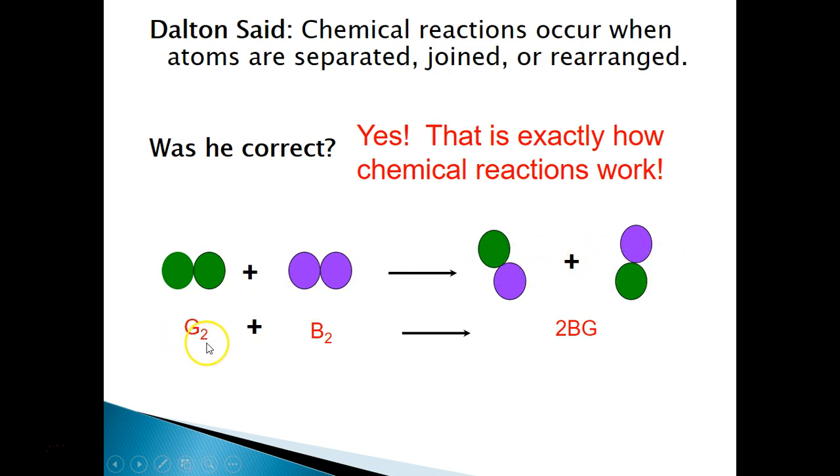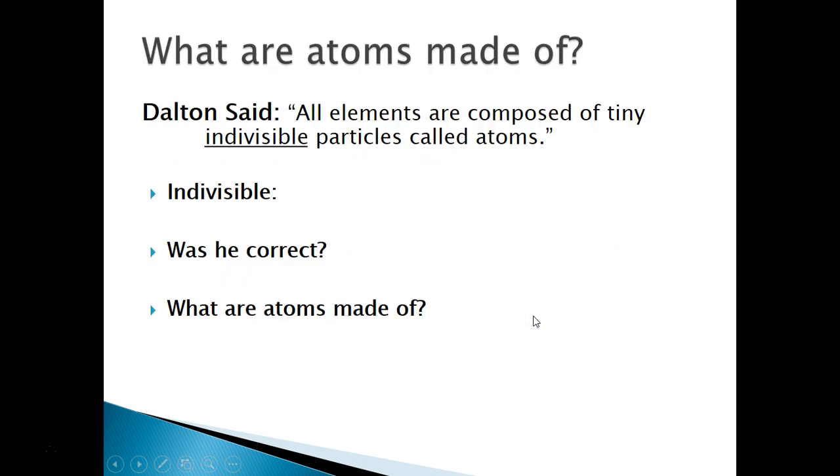So the chemical equation would look like G2 plus B2 making 2BG. All we did here was separate these molecules and rearrange them and recombine them into a pair of molecules.